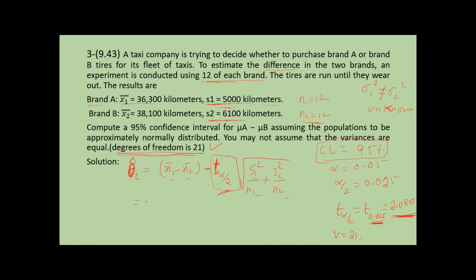In this formula, when you substitute x1 bar, 36300, this is x1 bar, right? Minus 38100, minus what is T alpha 2? 2.080 times the square root of S1 square, 5000 square over n1, which is 12, plus S2 square, 6100 square divided by n2, which is 12.